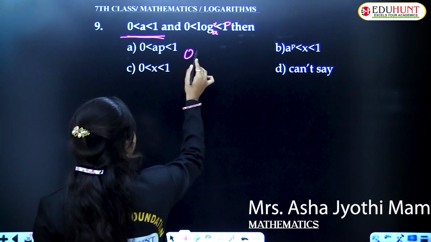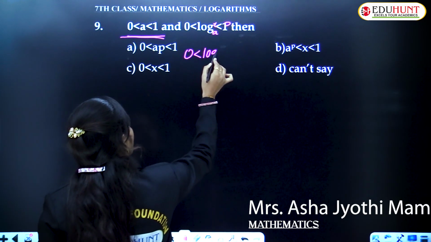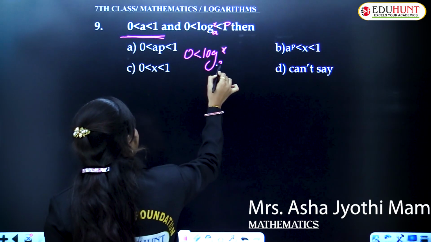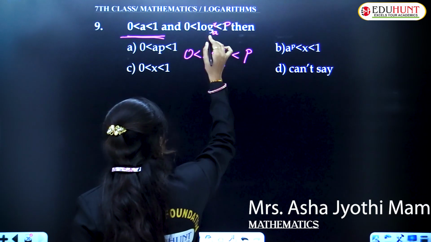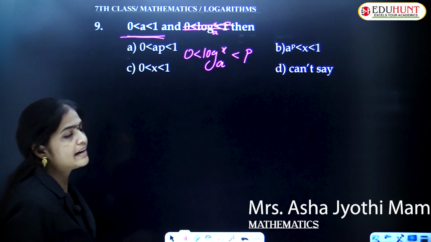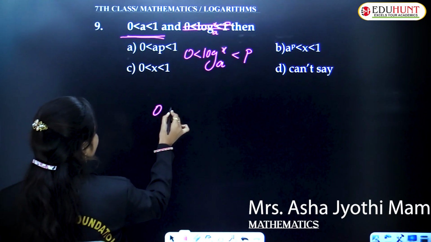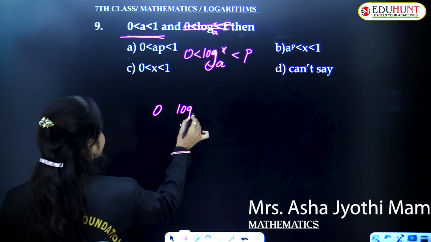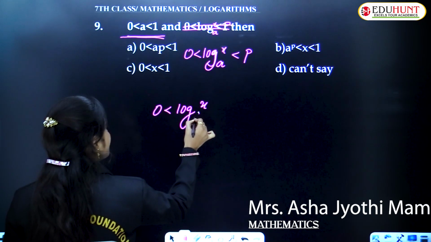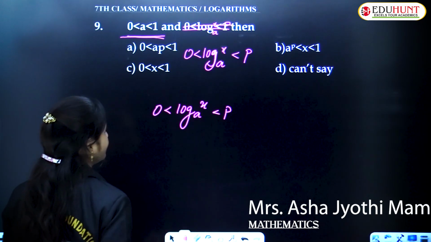The question is 0 is less than log x to the base a is less than p.